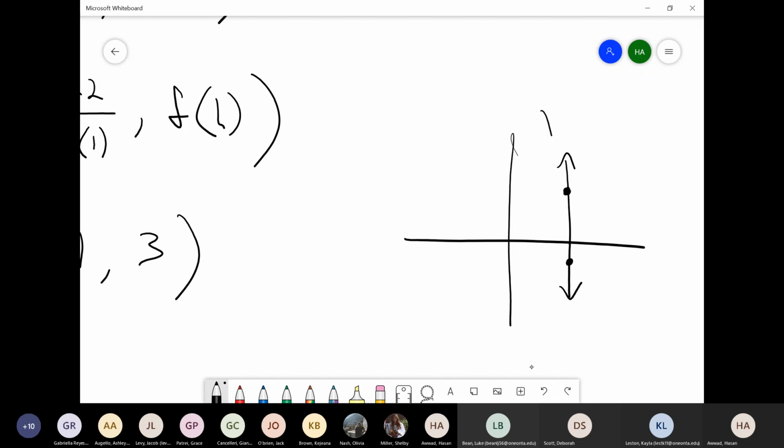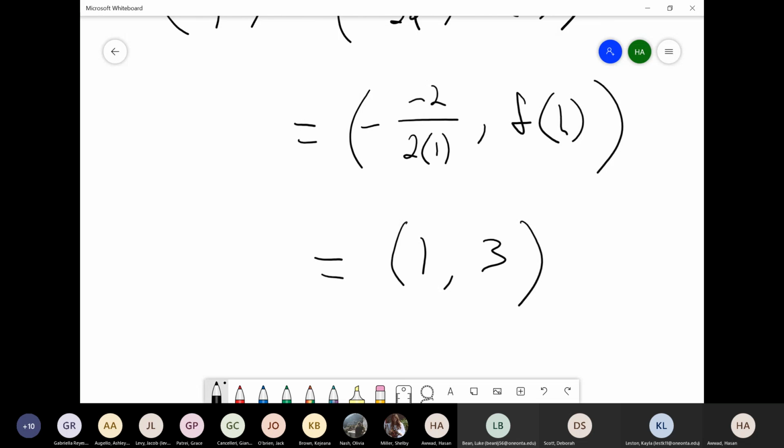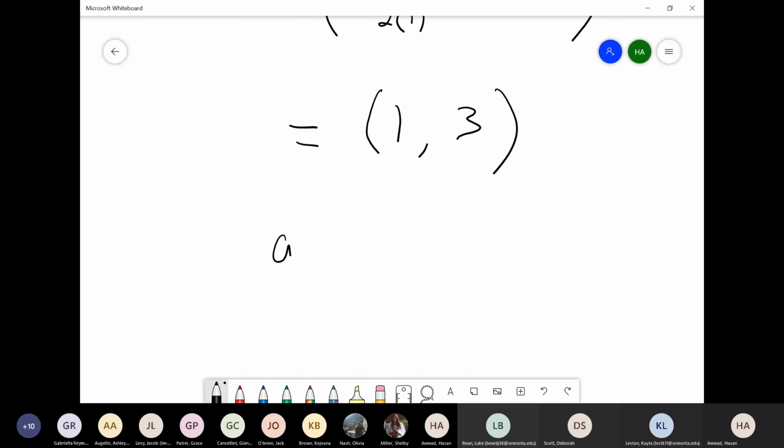So we say that this is x is equal to h, or whatever that number actually is. So as a result, your axis of symmetry is going to be defined by the x component of your vertex, which in this case is 1. So you would say, and I'm just going to abbreviate here, axis of symmetry is x is equal to 1.